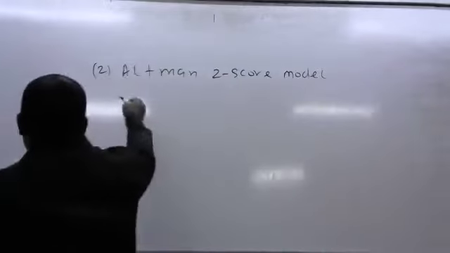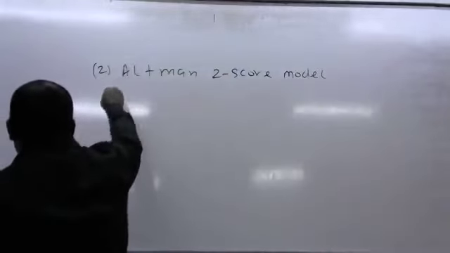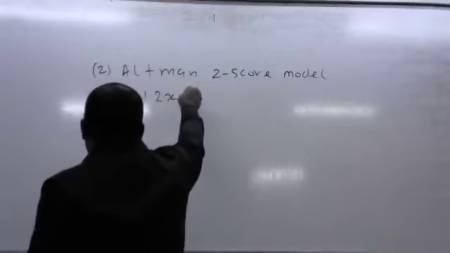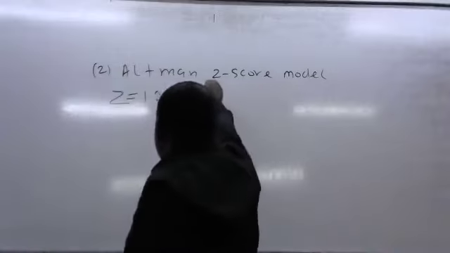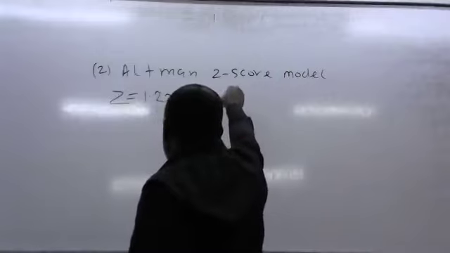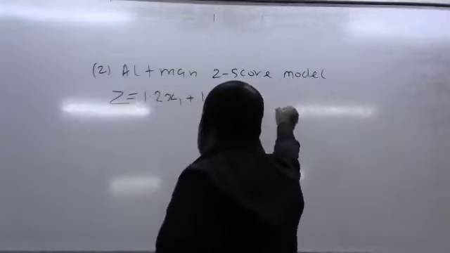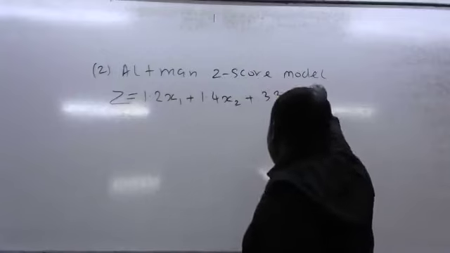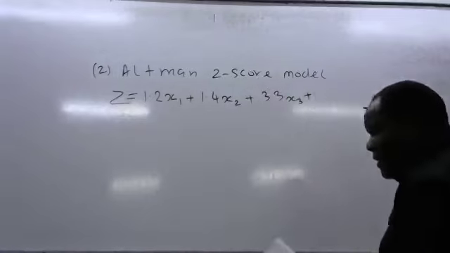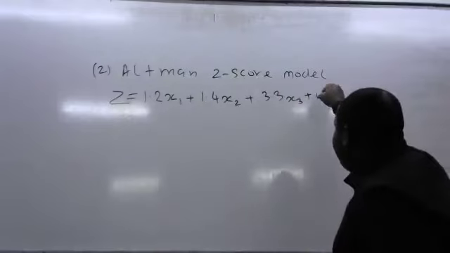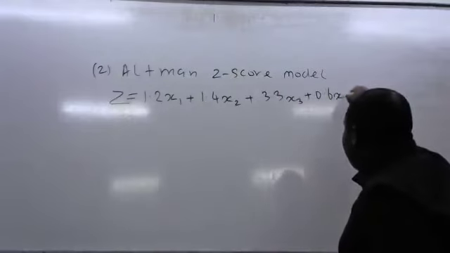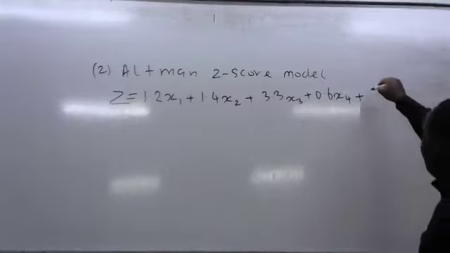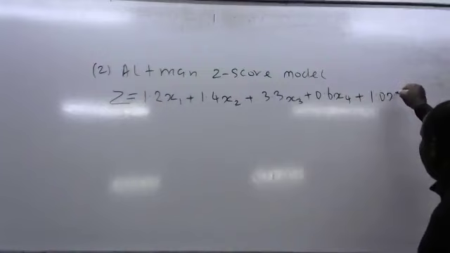So Z will be equal to 1.2 x1 plus 1.4 x2, then plus 3.3 x3. Then we shall also add 0.6 x4, and we also add 1.0 x5.